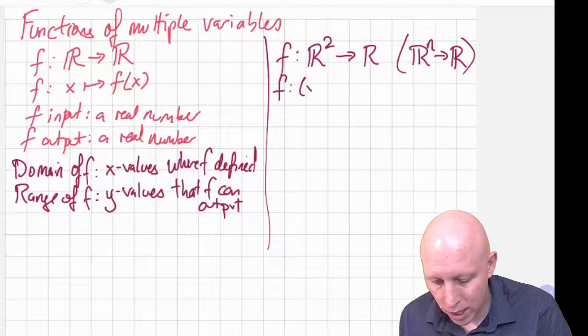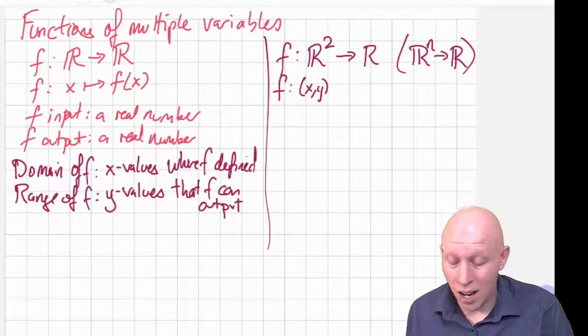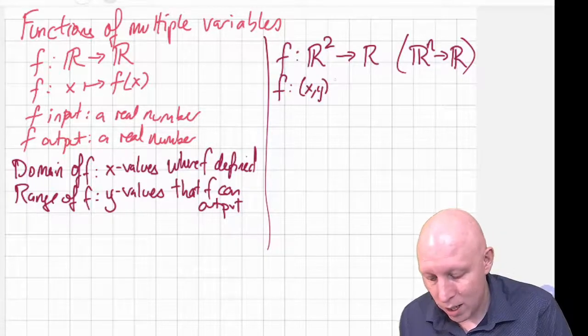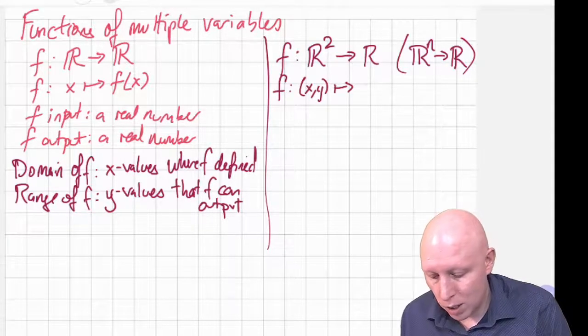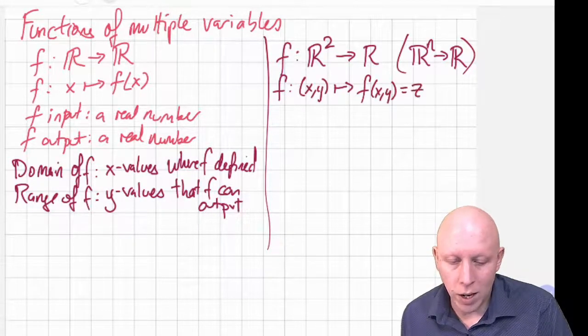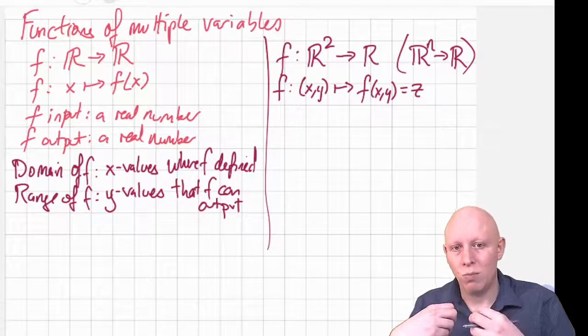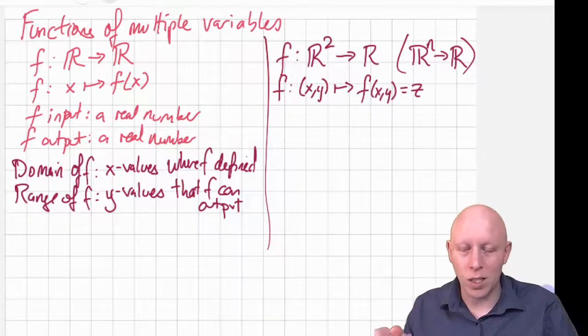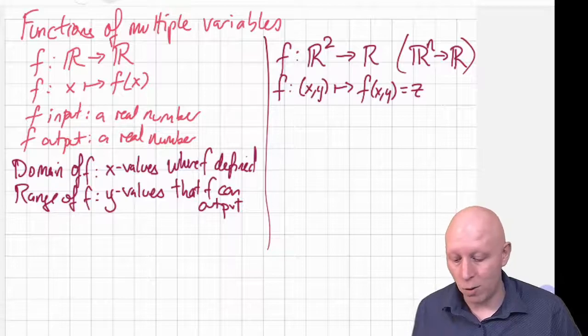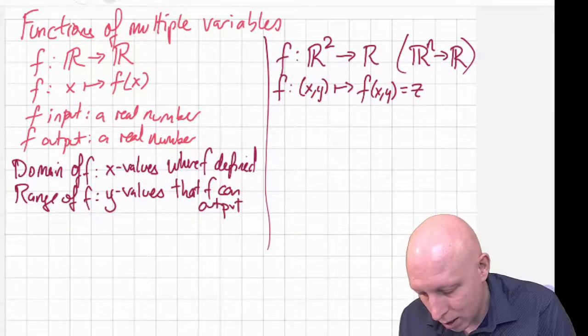Well, that looks like taking in a coordinate pair, an x and a y, and the output is going to be some function of x and y, which often we'll write as z. So you take in two numbers, x and y, and you output a real number z. That is the function value of x and y.